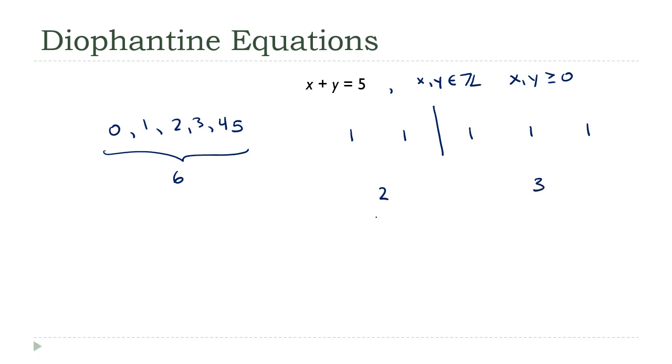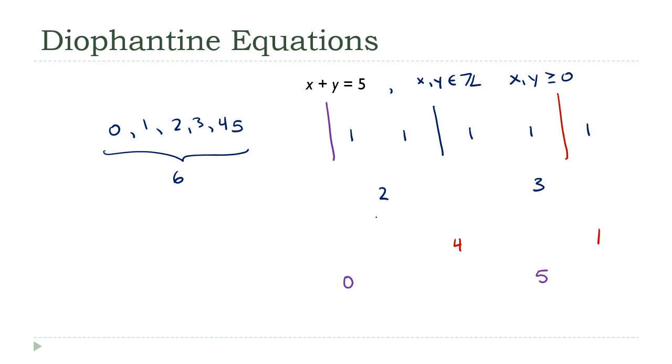If I put my divider here, I would get 4 plus 1. And I can put it all the way at the end. For example, if I put it here, then I would get 0 plus 5.